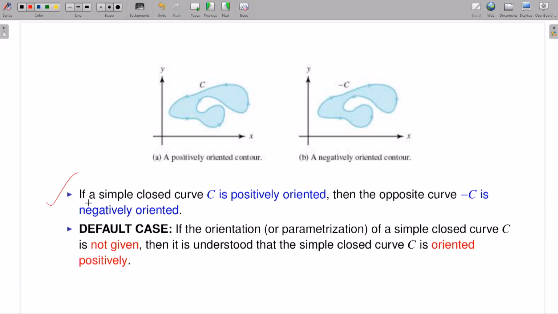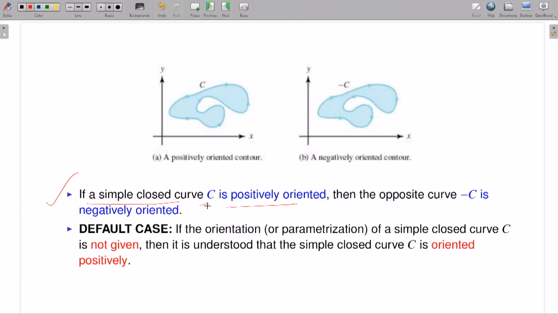It says that if a simple closed curve C is positively oriented, as I have just discussed, then given a curve C, I already discussed the meaning of minus of C. If C has a parameterization z of t, so that C is a curve starting from ZA and ending at ZB, then minus C traces out the same set of points, but now it starts from ZB and comes back to ZA.